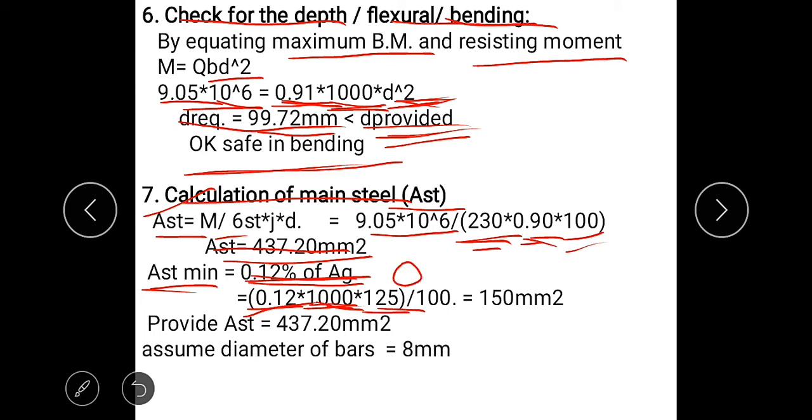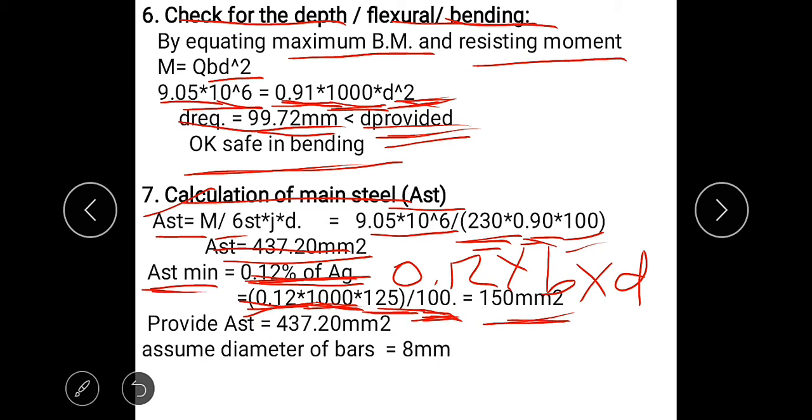So 0.12 into 1000 into 125 divided by 100 gives 150 mm squared.